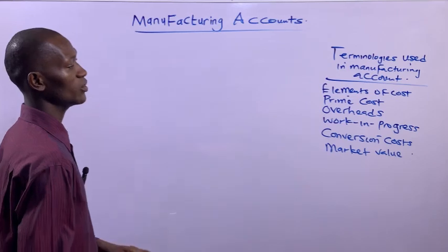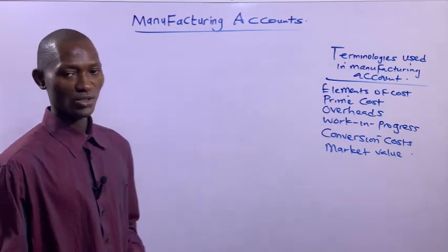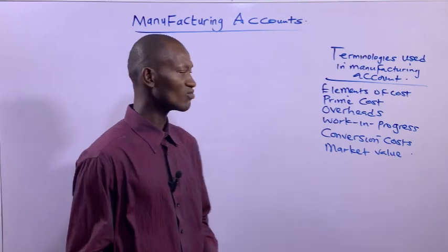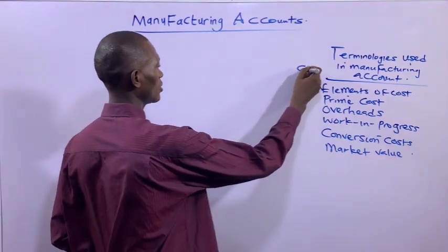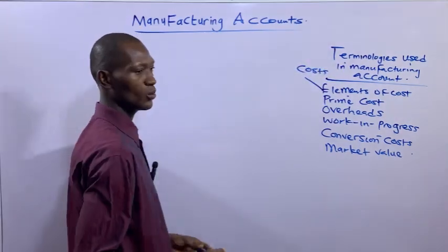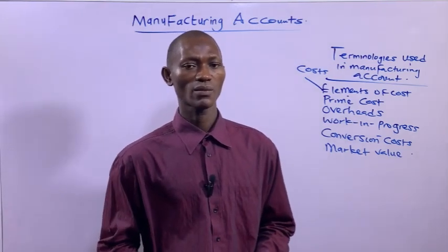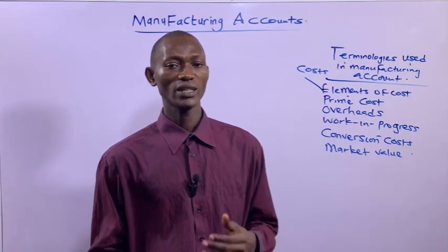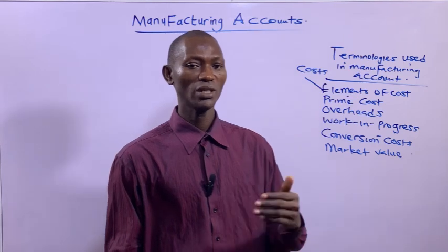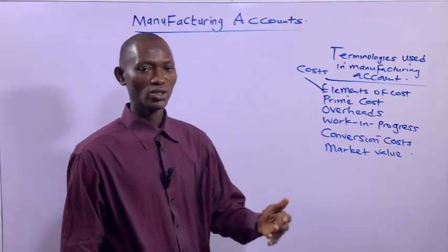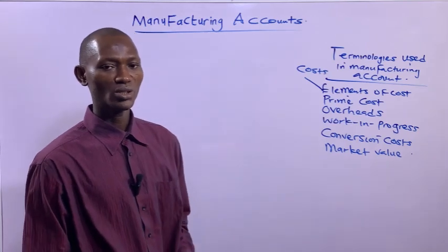Then let's begin with element of cost, or let's say cost, basically. You can say cost also. So another word for costs is expenses. And expenses are those amounts a firm incurs in the production of goods that such a firm is into its production.